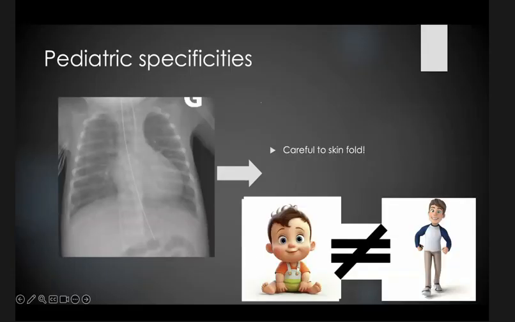So kids are not small adults. Here is a baby in the NICU, and you see this little line here, it's a skin fold. So it's not a pneumothorax in that case. Sometimes with tiny little babies, those skin folds can appear on your x-rays.